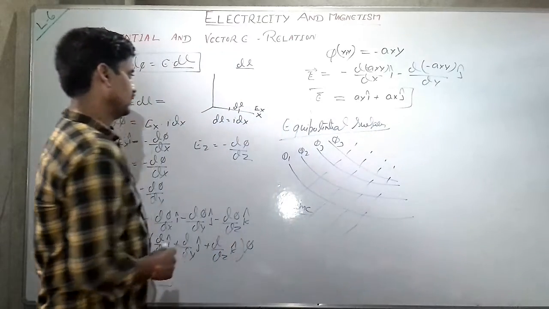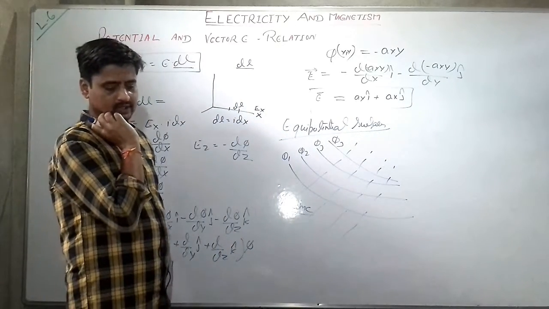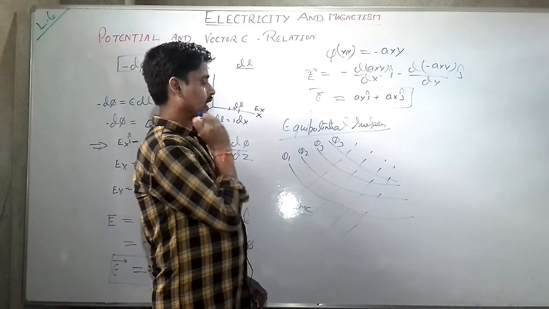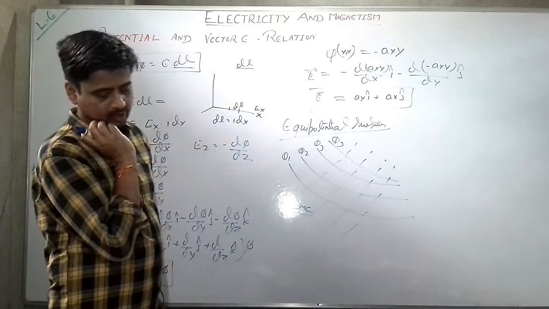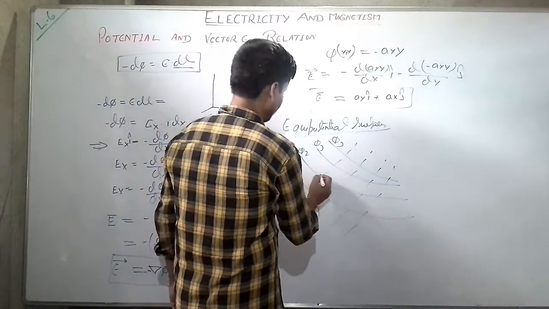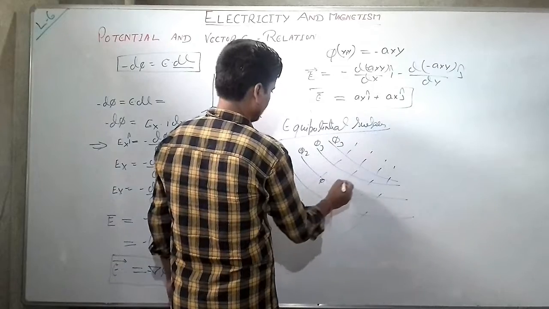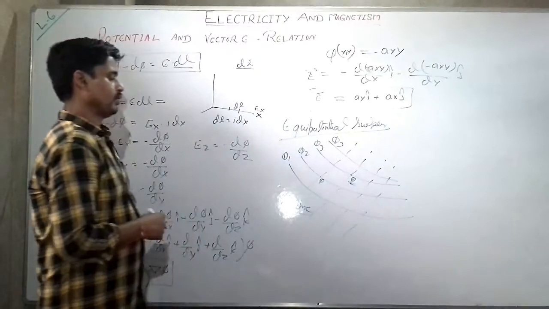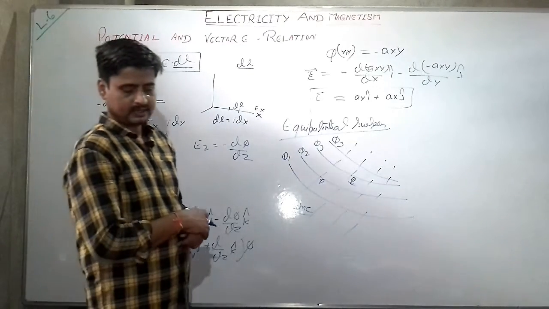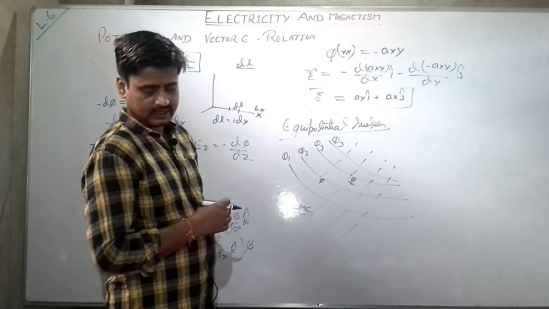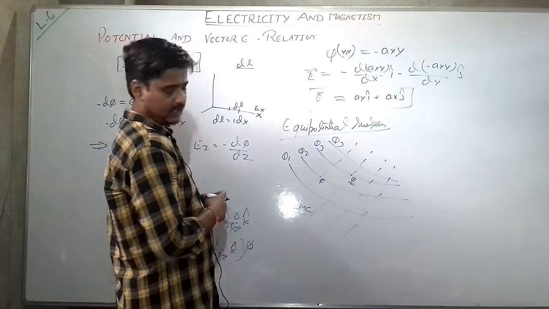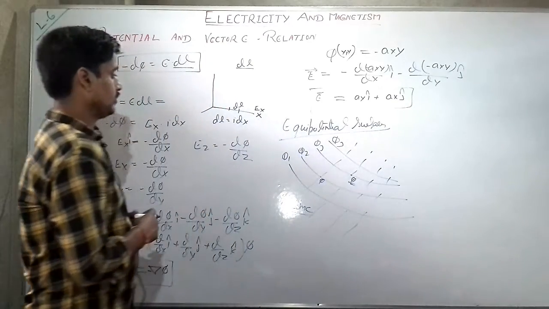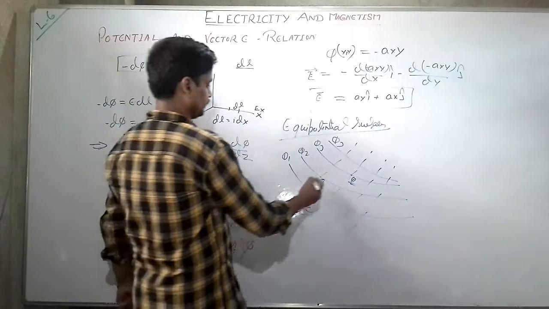So this is the equipotential surface, the surface at which each point has the same value of potential phi. It means if there is a phi here, the value of phi will be the same here. And vector E at each point is directed along the normal to the equipotential surface.